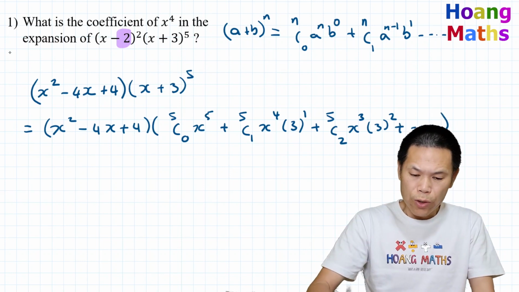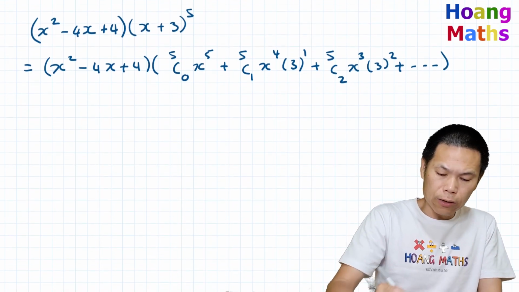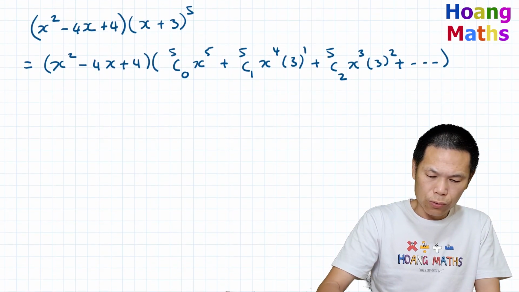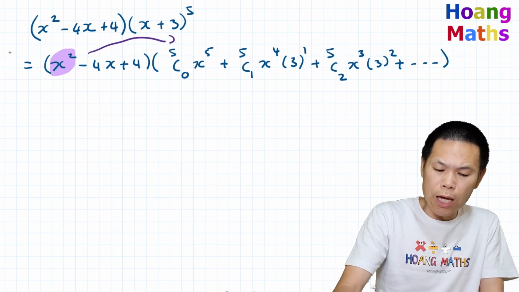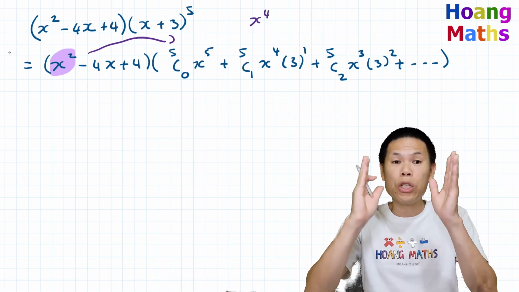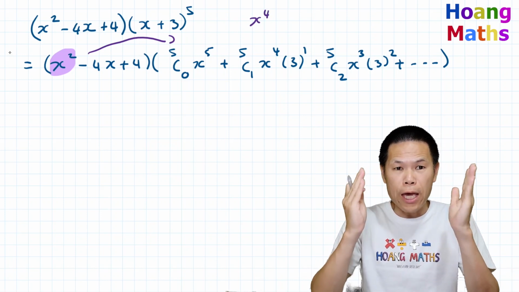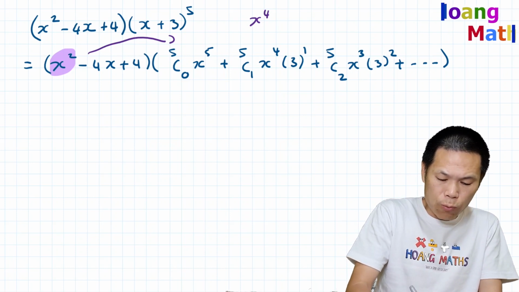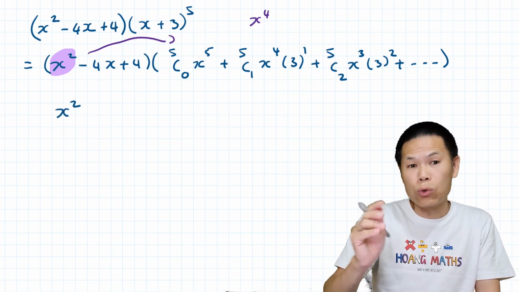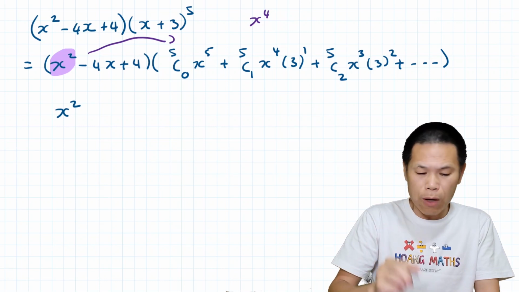Now I just need to work out, for x squared, which term to multiply by to give x to the power 4, because we need the coefficient of x to the power 4. If we have x squared, we need another x squared to get x to the power 4.